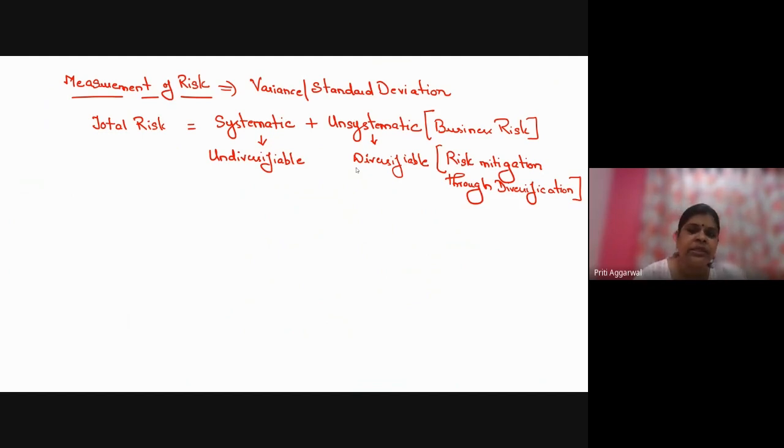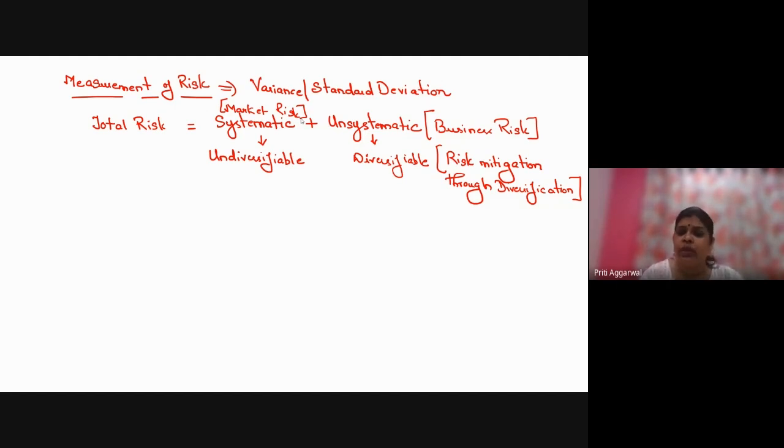But systematic risk is something like market risk, interest rate risk, inflation risk. Definitely, it will impact every economy, every sector, every industry. But the impact will vary from industry to industry, from sector to sector, and the intensity will be different.